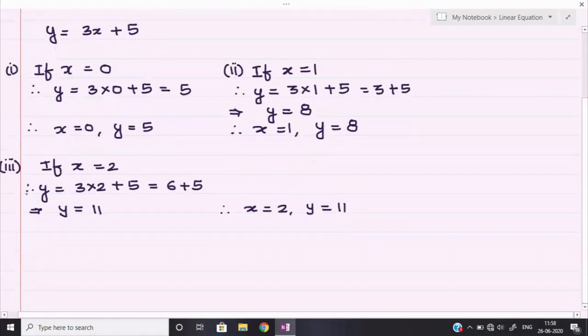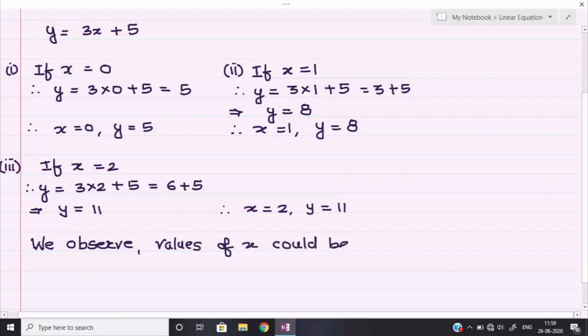We can say we observe that values of x could be kept, many values could be kept.